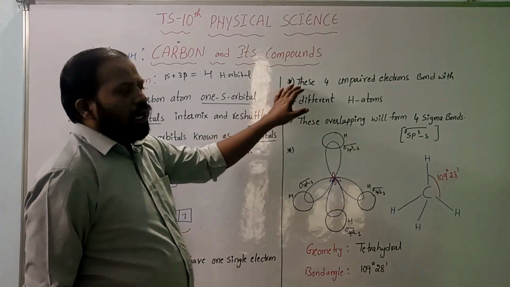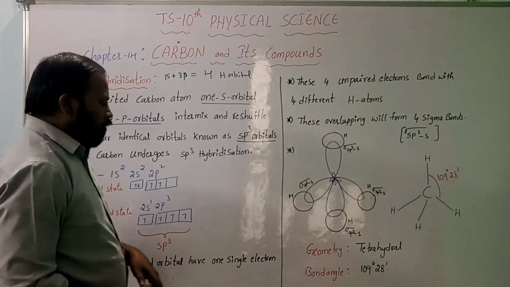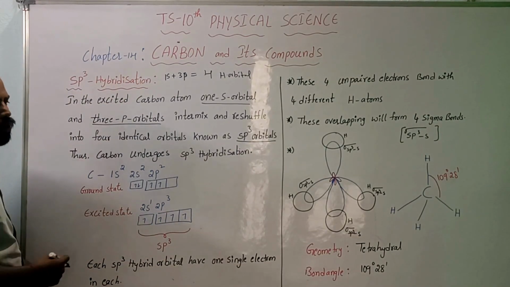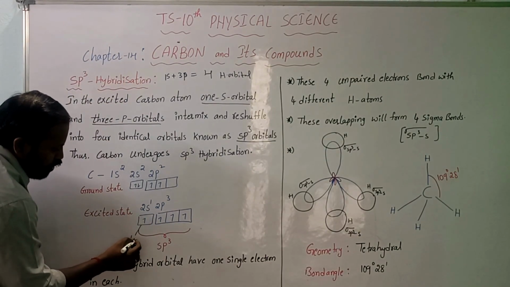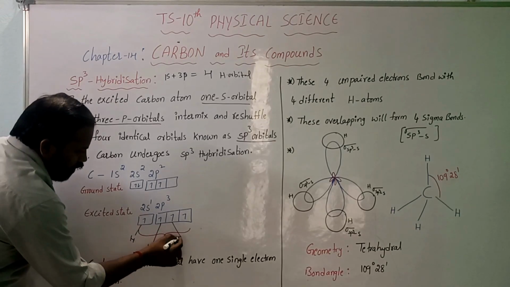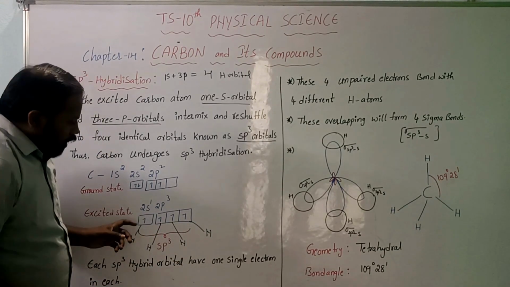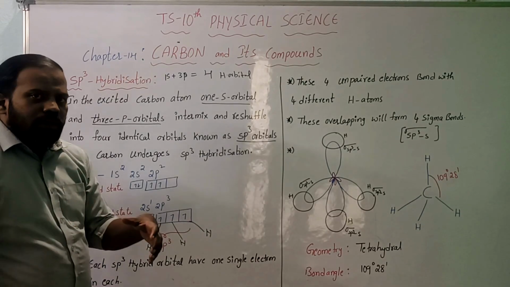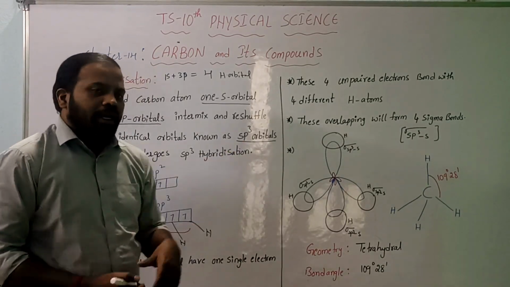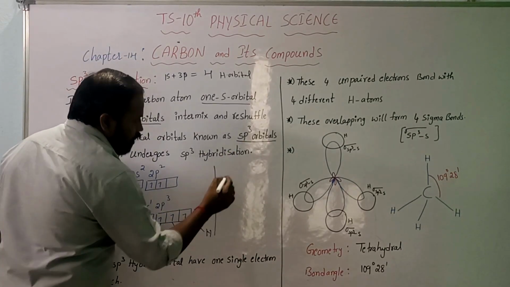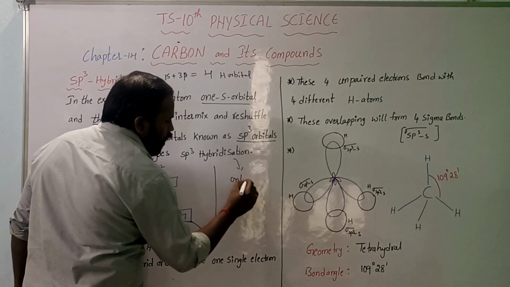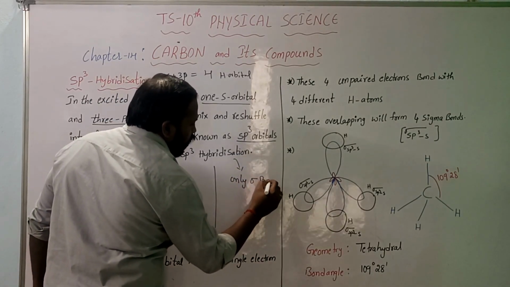Due to these four single unpaired electrons, it can bond with four different hydrogen atoms. This is with one hydrogen atom, this is with one hydrogen, this is with one hydrogen, and this is with one hydrogen atom. Here, each hybrid orbital forms a bond with a different atom. So in hybridization, only sigma bonds will form.